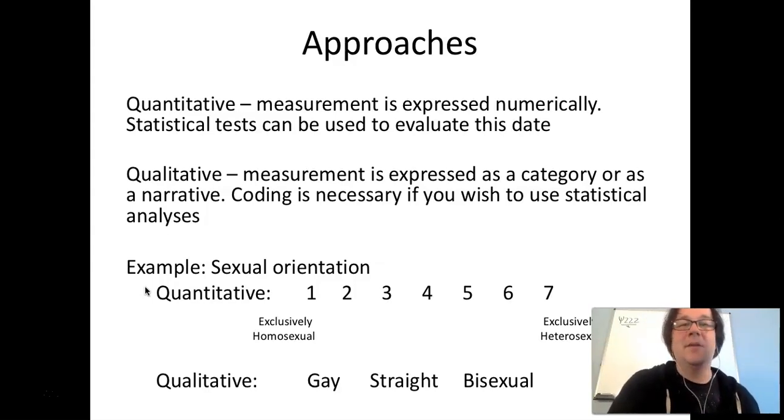It takes so much time, especially if you're getting long narratives from people, and if you have a lot of people. Content coding basically means you'll have a predetermined list of words or themes that might appear in these narratives, and you're going to have to read through each one.